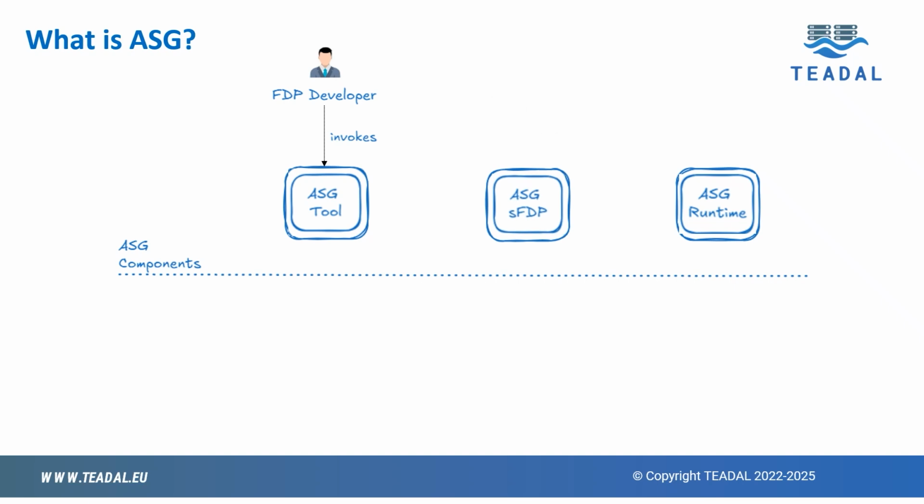The ASG sFDP is the generated FastAPI application that is deployed on the TEADAL platform, serving data to FDP consumers as defined in the sharing agreement. Let's see more details about these components.